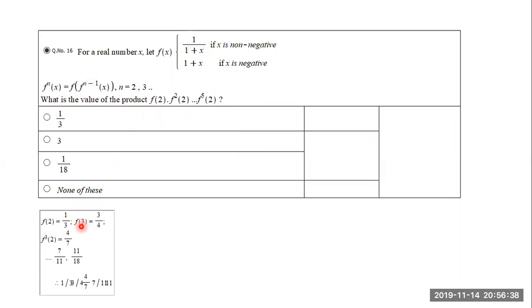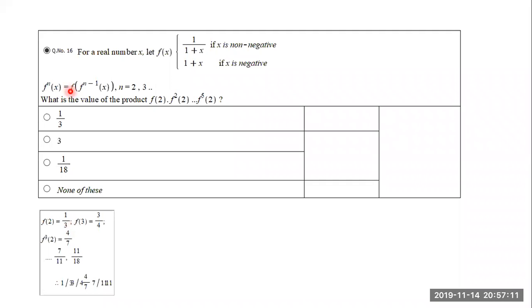And F3 is 3 by 4. How do we get F3 equal to 3 by 4? F of 3x is equal to F of 2x. You just substitute here, you will get 3. Why can't we use directly the one above? Yes, substitute, that would be 1 over 4. F of 3 is equal to 1 over 4. It is 3 over 4. This is F2 of 3.